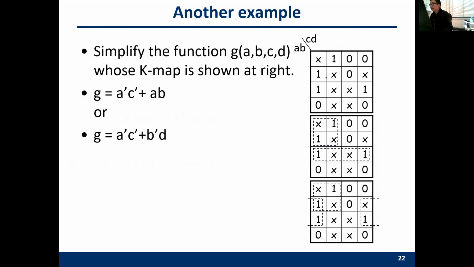This is another example. Can I draw a circle like this? Yes, because you have a don't care and you also have a one. How about this? This is also correct. And by these two circles, you cover all ones. You can finish. Do you need to mind these three don't cares? No, because you can treat them as zero.